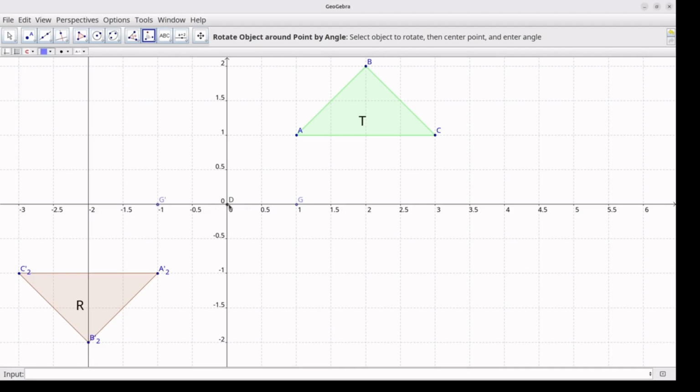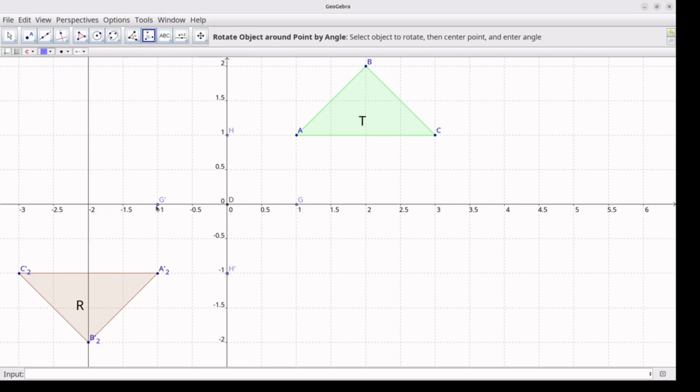And then the second column in the identity matrix has (0, 1). Treat it as this coordinate here, and rotate that through 180 degrees about that center. It goes to (0, -1).